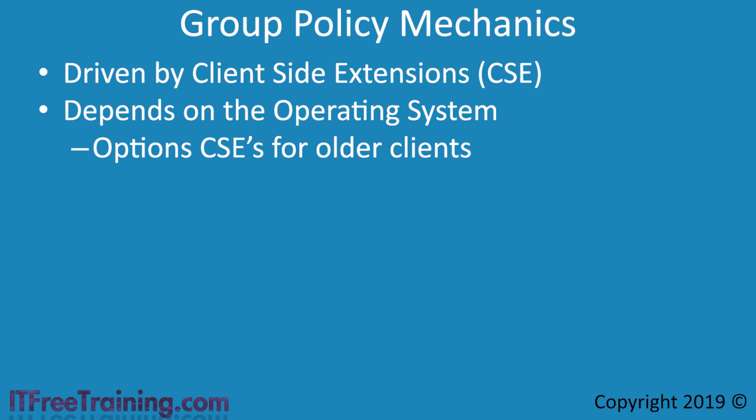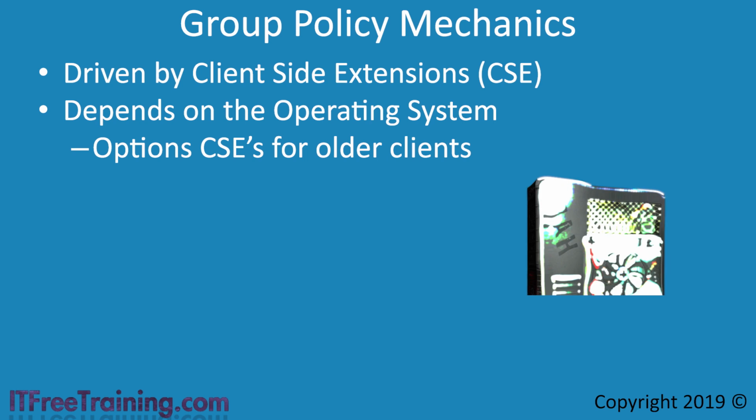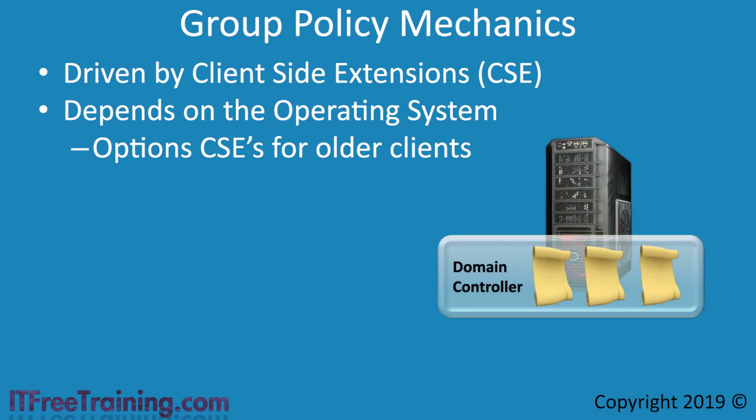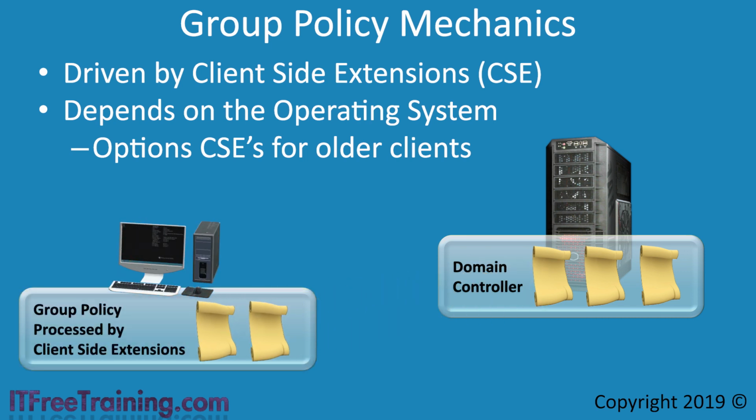Group policy essentially works like this. Group policy settings are stored on a domain controller and replicated to all the other domain controllers. A client on the network will download a copy of the group policies that apply to that client. These group policies will then be processed by the client-side extension.